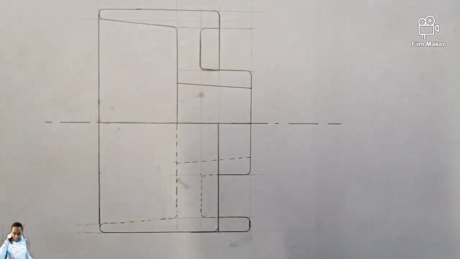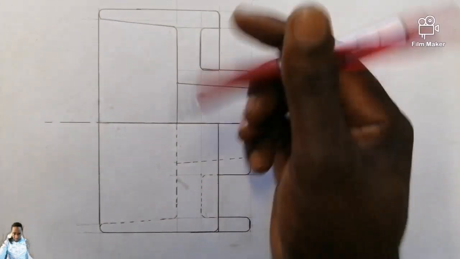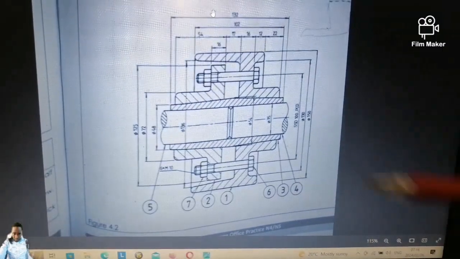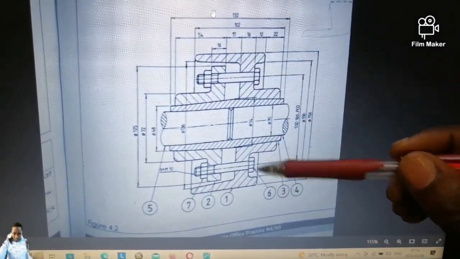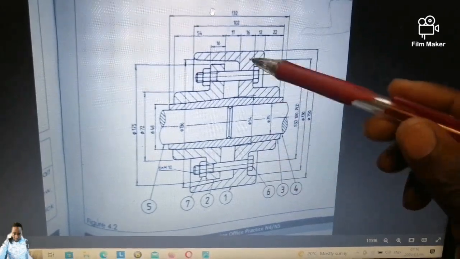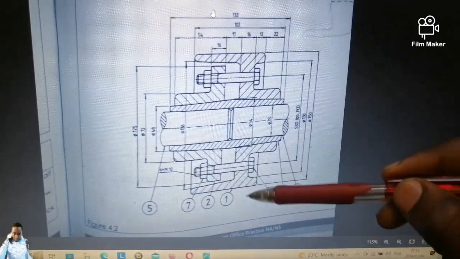Like this. Then again, we are going to have holes here. What is left now, because item 6 was grooving through your item 1, isn't it? So we are going to have a hole of diameter 10, isn't it?